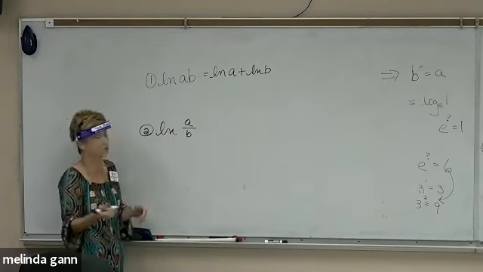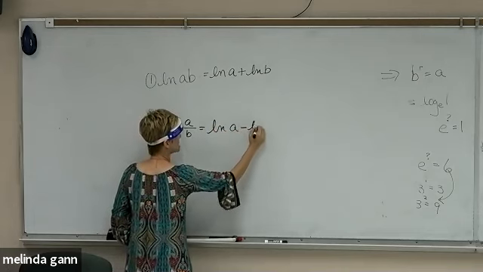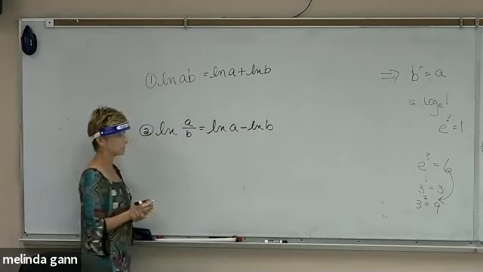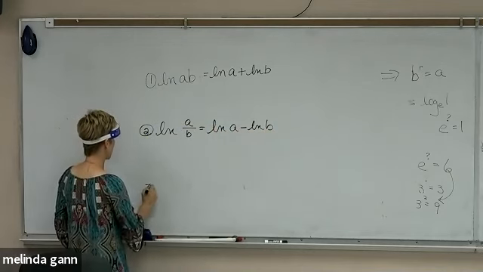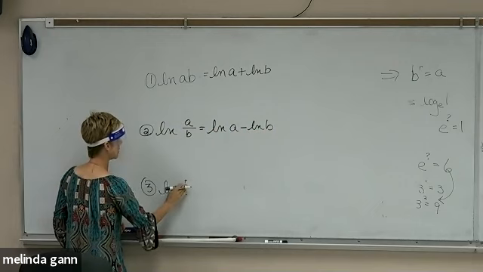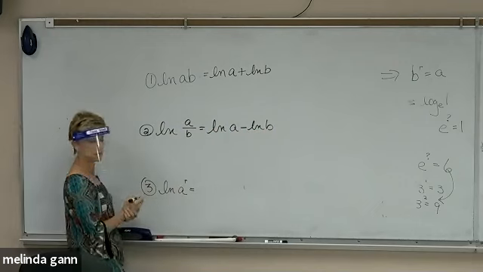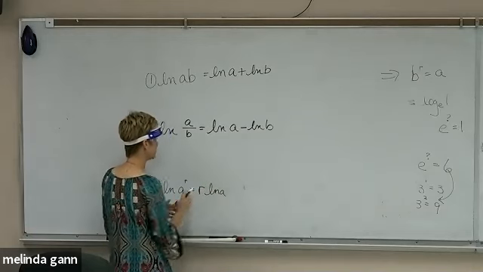That seems to be more intuitive, but it doesn't work. It's the natural log of the numerator minus the natural log of the denominator. And then the third rule that you've got to learn is the natural log of A to the R. That is R times the natural log of A.